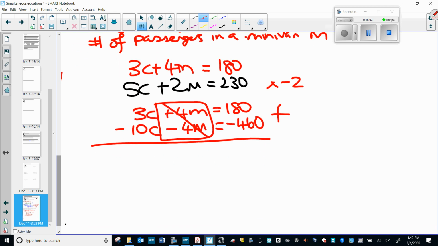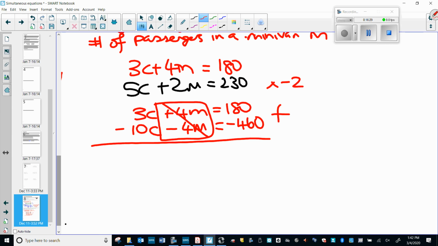Did it not times by everything? We did, but we changed our choice. We decided not to do 5 and -3. We decided to leave this one and just multiply this by -2. You can keep going with the other one if you want and see if you get the same answer.